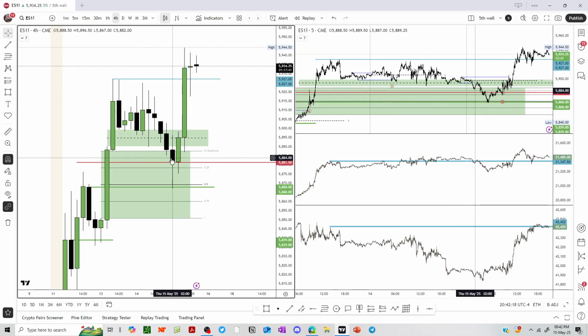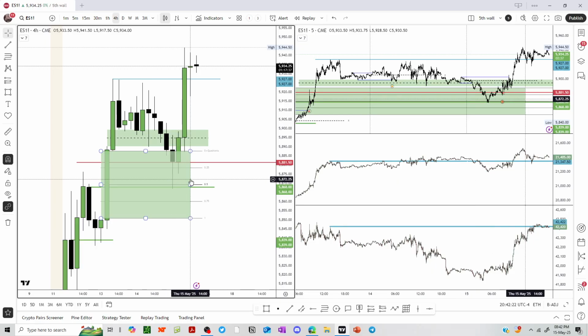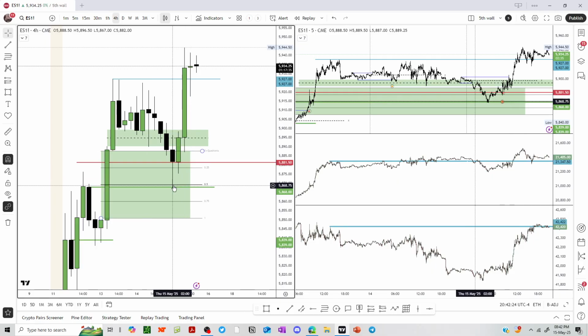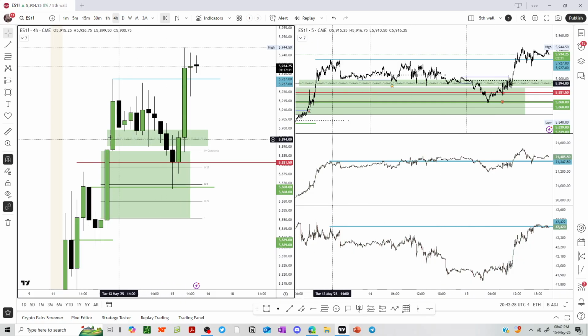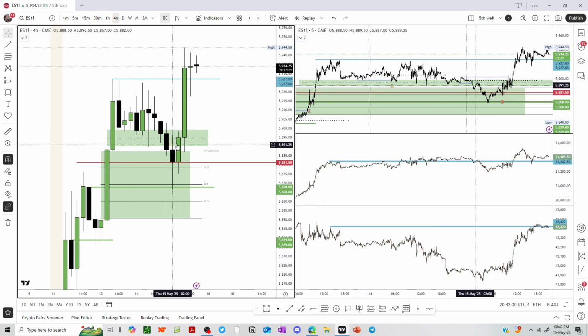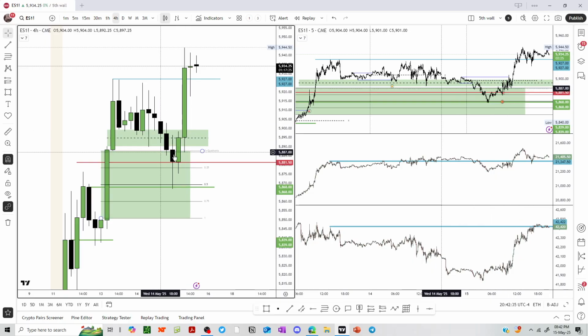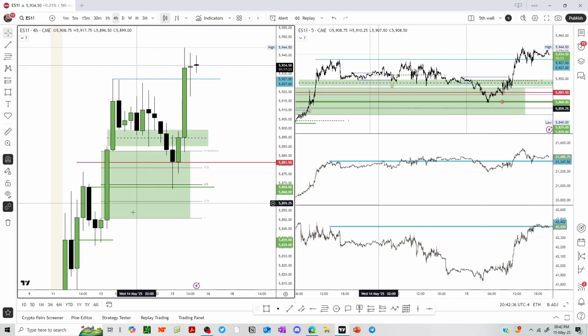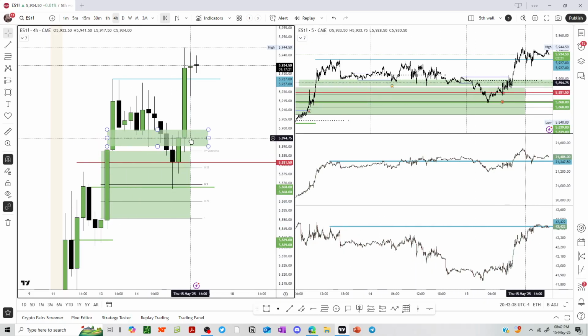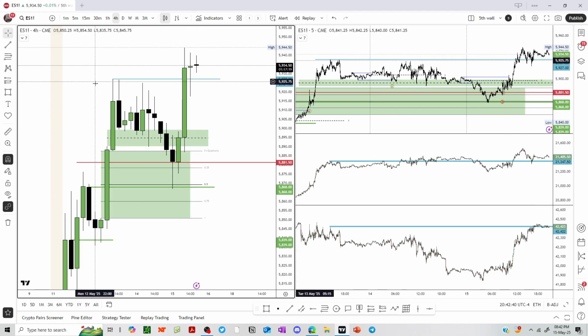And you can still see price trade down into that consequent encroachment or the propulsion block, and you can see the levels on this fair value gap being respected, pretty much every level here, especially the highs, lows, and the consequent encroachment midpoint.